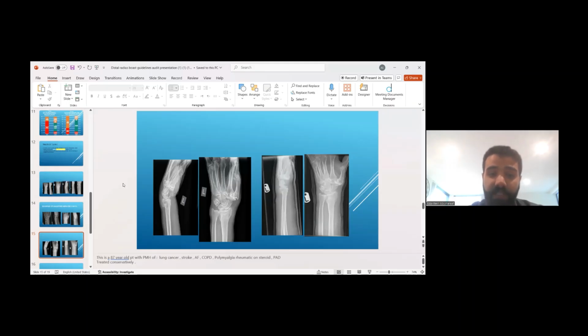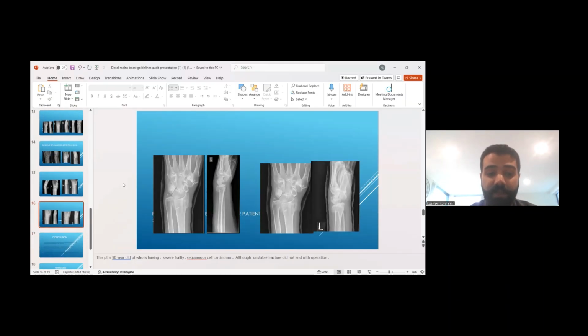Here is an intra-articular fracture that we think is unstable. However, this patient is 87 years old with a past medical history of active lung cancer, stroke, AF, COPD, polymyalgia on steroids, and peripheral arterial disease. The patient had repeated X-rays but was then treated conservatively because of the underlying comorbidities. The question is why we repeated X-rays if we were planning not to intervene because of these conditions.